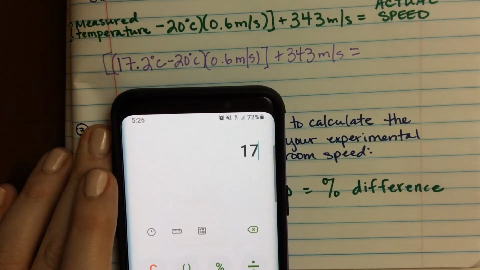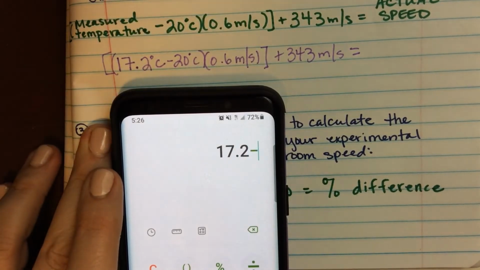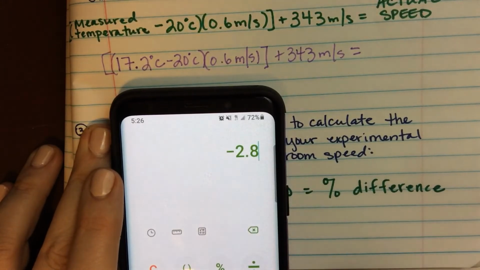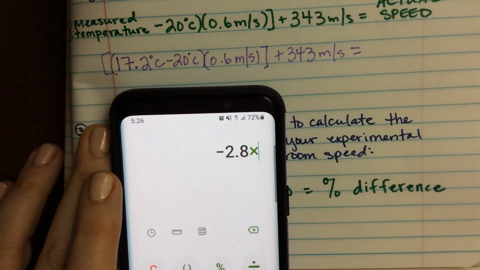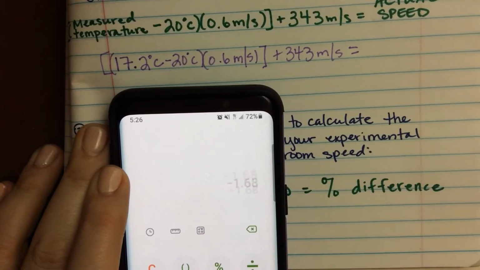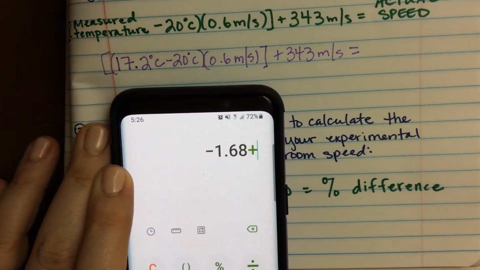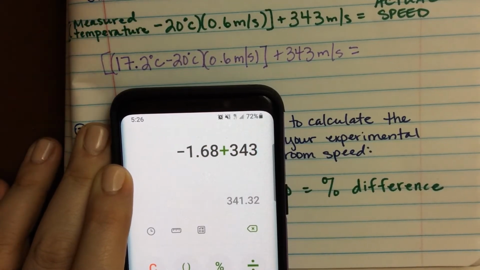So 17.2 minus 20, that's our difference from room temperature. And we're going to times 0.6. That tells us how much the speed is going to change from the normal speed of sound. And add that to 343.